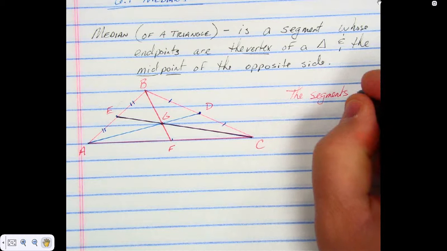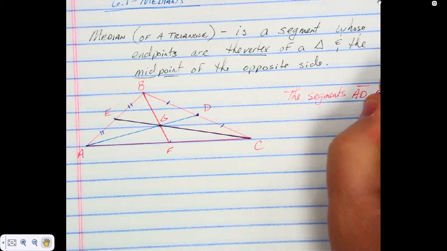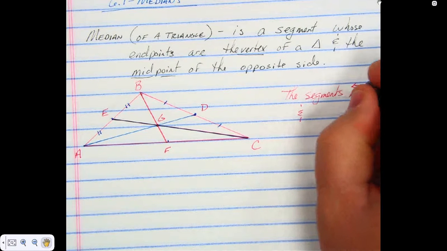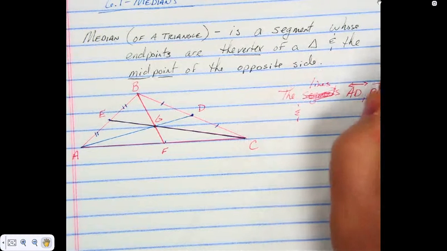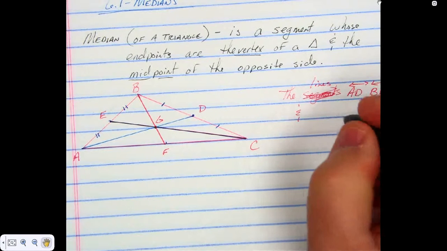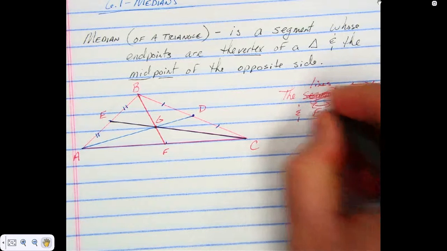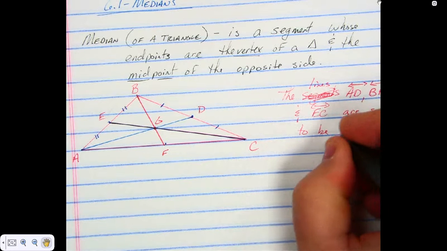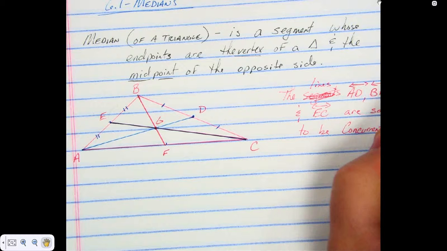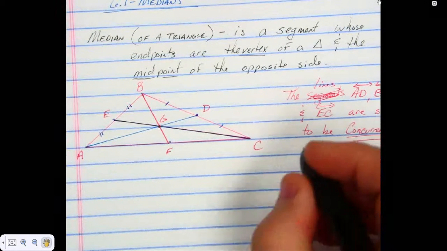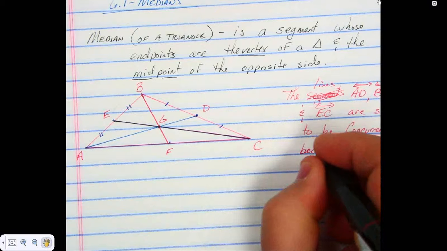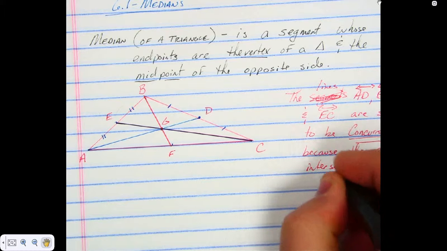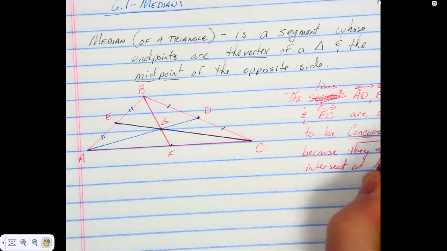These segments, AD, BF, and, or I should say the lines, EC, are said to be concurrent lines because they all 3 intersect at one point.